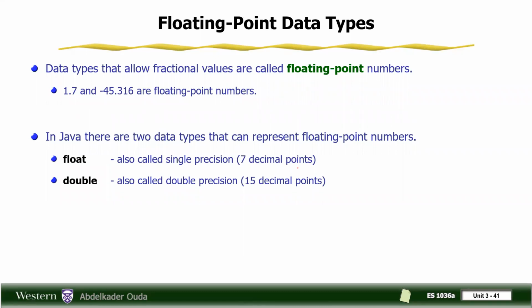Floating point data types. Some data types in Java allow fractional values and are called floating point numbers, or in math, real numbers. So 1.7 and -45.316 are floating point numbers. We have 2 primitive data types: float for 7 decimal digits and double for 15 decimal digits.